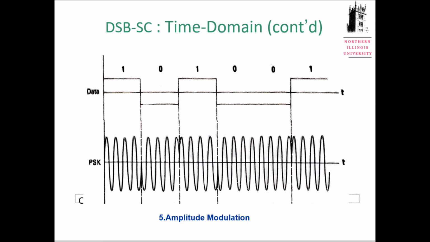Okay, now we come back. Two things: phase reversal every time your signal passes 0, and my envelope is no longer the same as my message. So when we do double sideband suppressed carrier for a digitized message, we have BPSK for your original information.